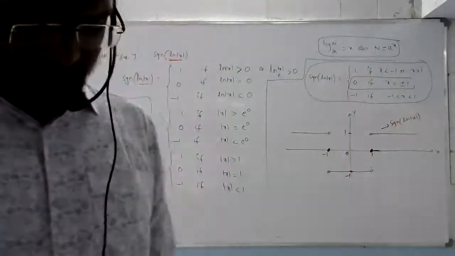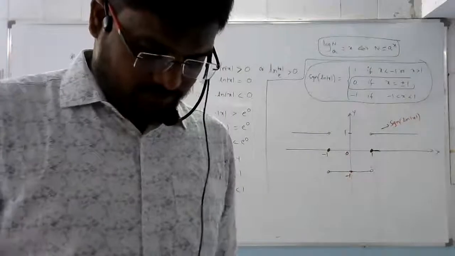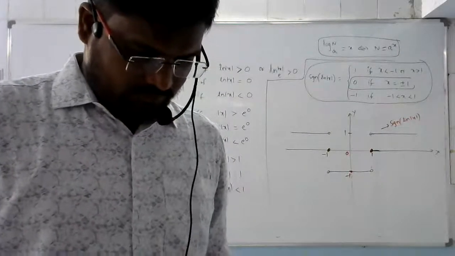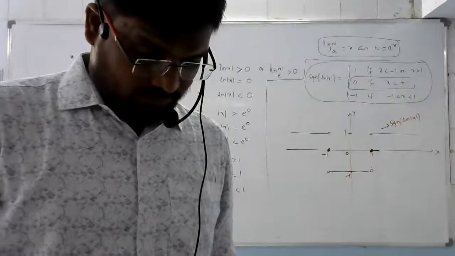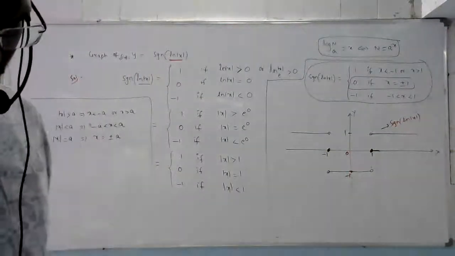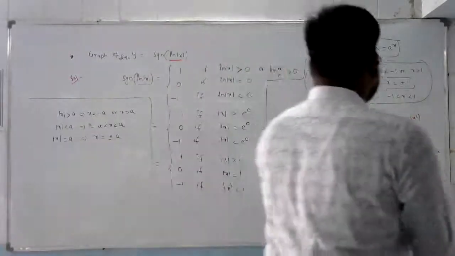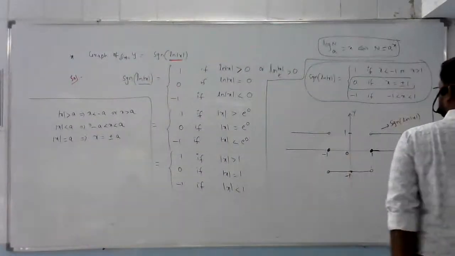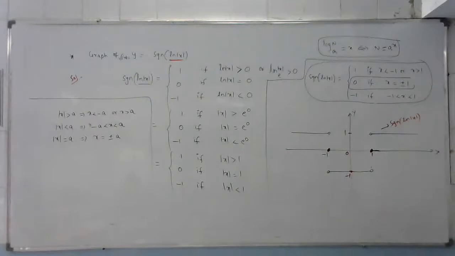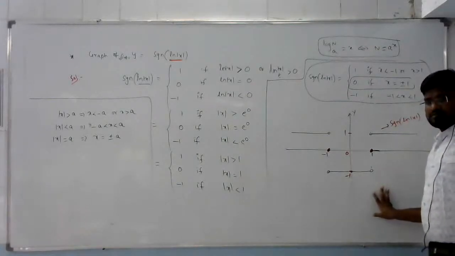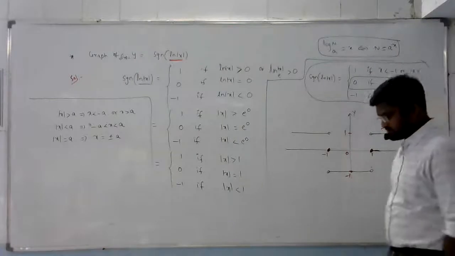So this is the combination of signum function and logarithmic function. And I have a doubt. Is this graph correct? Is it the correct one?